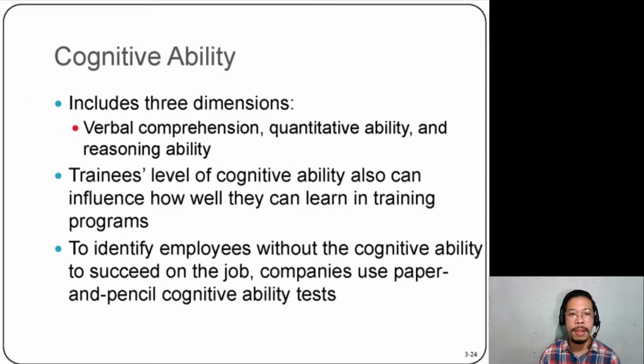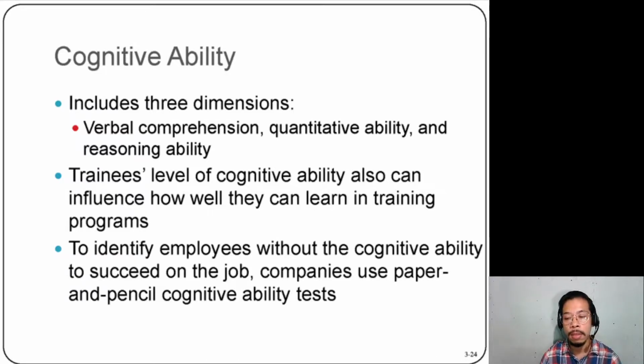The cognitive aspect here is how the individual really processes information, be it verbal comprehension, quantitative, and reasoning ability. So this is how a person processes information, how he makes reasoning, what is right and what is wrong.